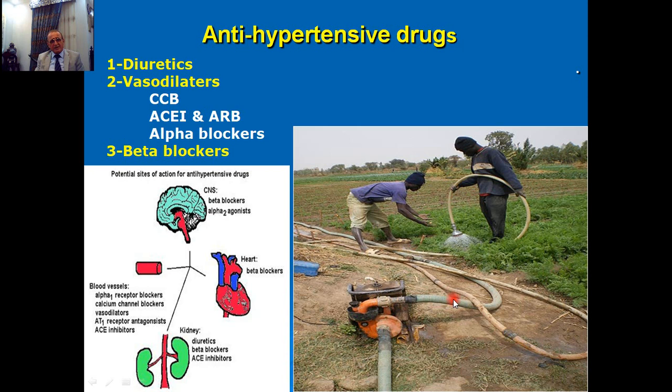So normal pressure is necessary to supply, but you can reduce this pressure by decreasing the motor power, the heart, or by modulating the fluid through the kidney or elsewhere, or vasodilators. The vasodilators are calcium channel blockers, angiotensin converting enzyme inhibitors, and alpha blockers. So this is the triangle of antihypertensive drugs. Don't suddenly lower blood pressure. This will be thirsty.